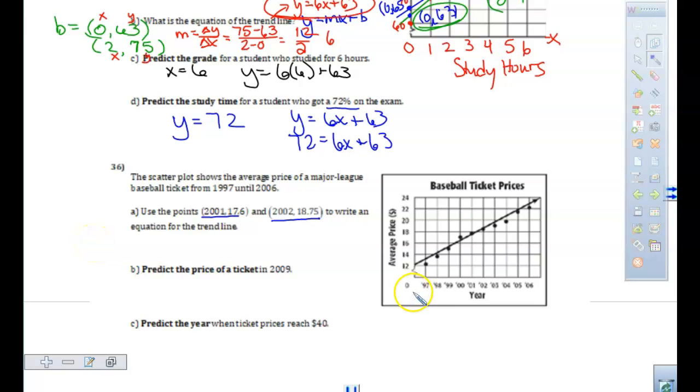And when you do this one for the equation, after you do slope, I just want you to be aware that this is year 97, right? 98, 99. This is not really year 0, right? So when you're doing this, you're predicting 2009, so that's going to be out here. You have to go from year 0 is the same as, what would you say, 96, right?